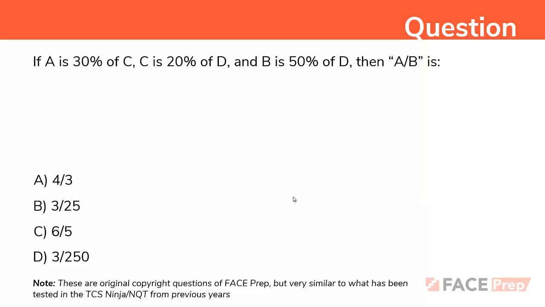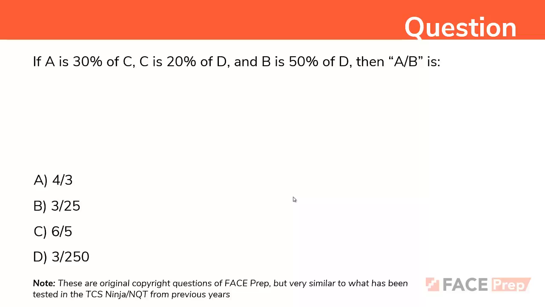This question is very similar to a TCS Ninja question asked last year. Here we need to figure out what is A by B. Options are 4 by 3, 3 by 25, 6 by 5, and 3 by 250.